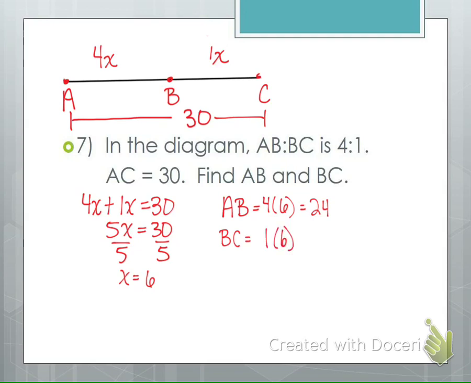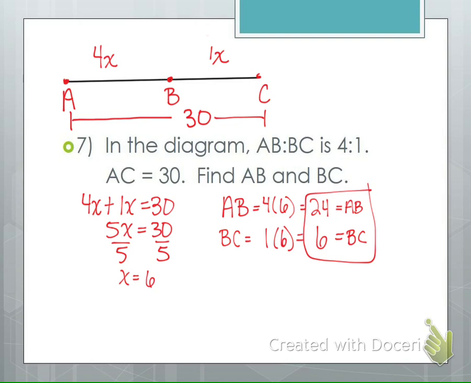Again, you could do 1 times 6 using the 1x from up here, or you could do 30 minus 24. So there we have our AB and BC. Questions, concerns?